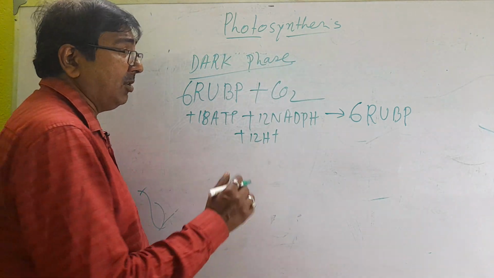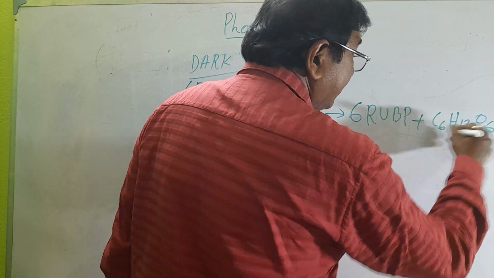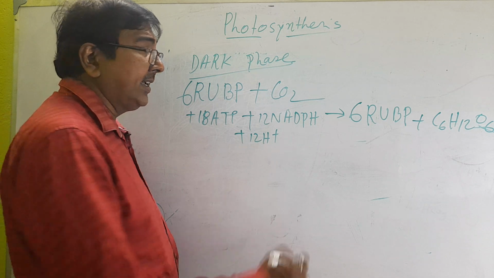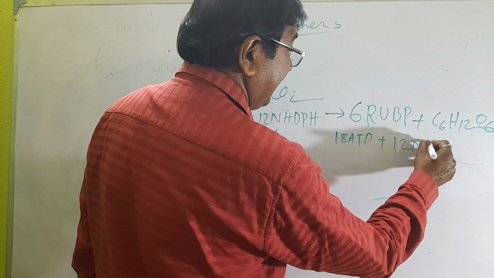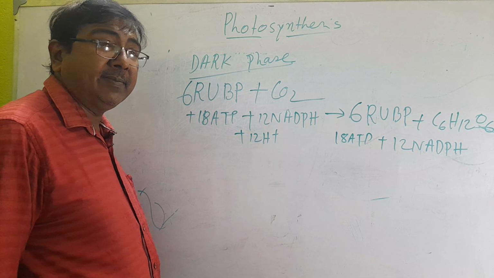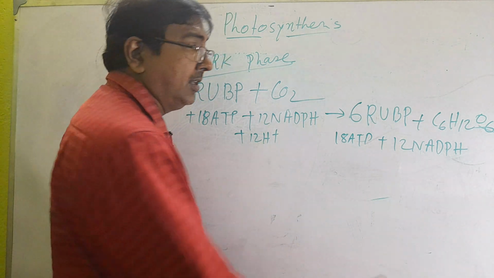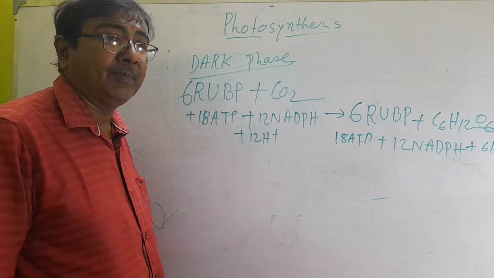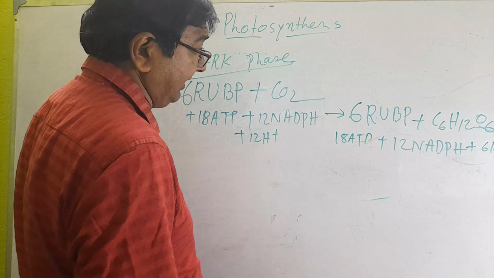Then what forms? C6H12O6, which means glucose, and 18 ATP, 12 NADP, 12 NADPH, and 6 H2O are formed. That's the process of the dark reaction.